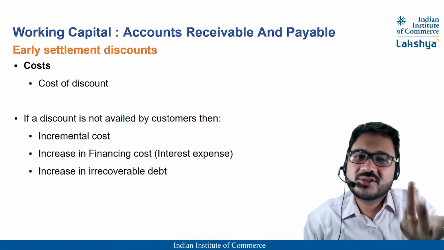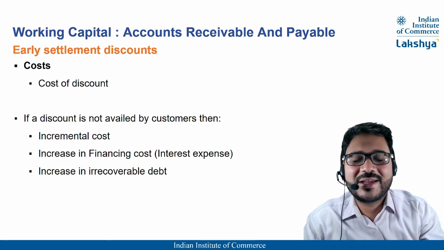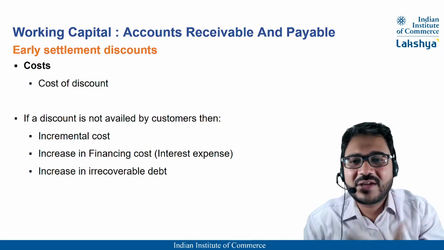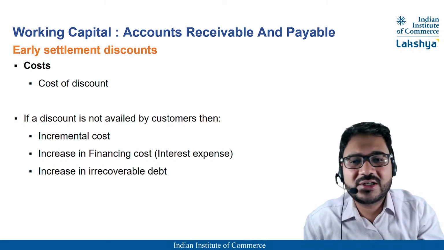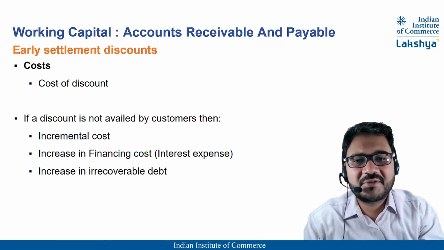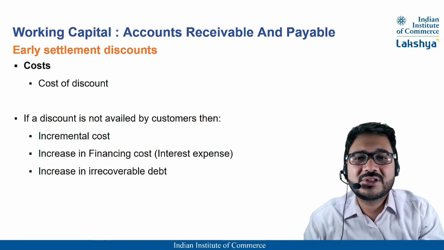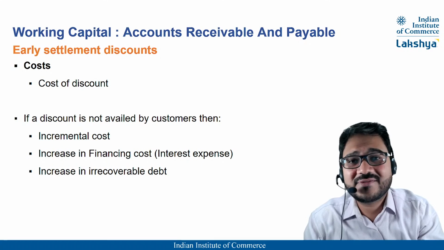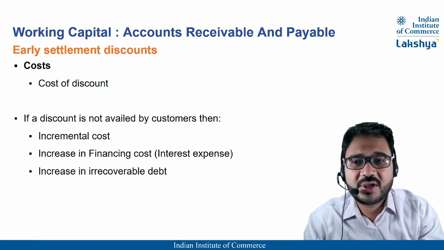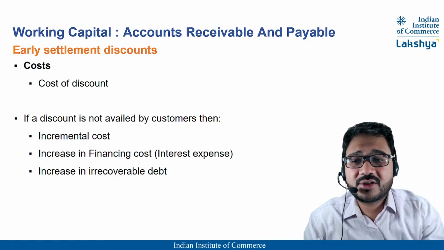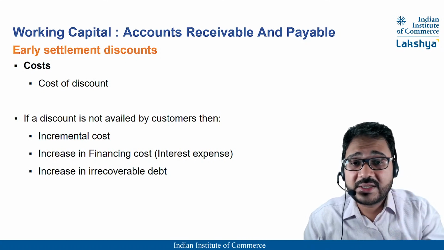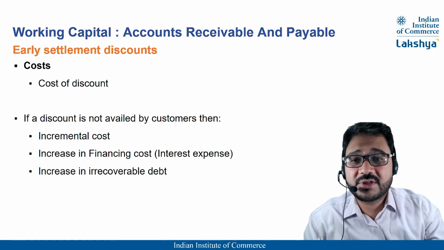So the cost is just the cost of discount, how much you are getting less. If you're giving 5% as a discount on a $100 item, you are giving $5 off. That means you are receiving only 95, so your cost is $5. So if a discount is not availed by the customer, then the incremental costs are an increase in financing costs and an increase in irrecoverable debt.